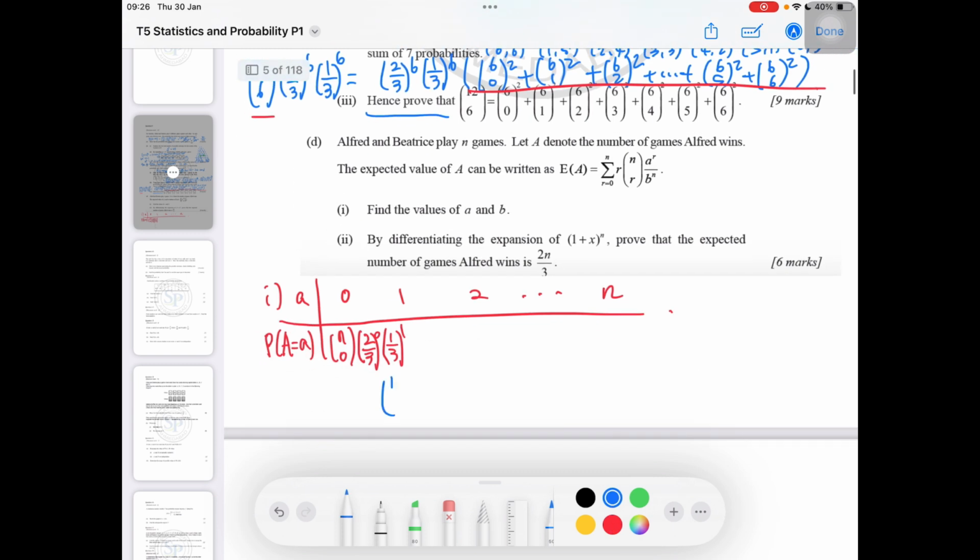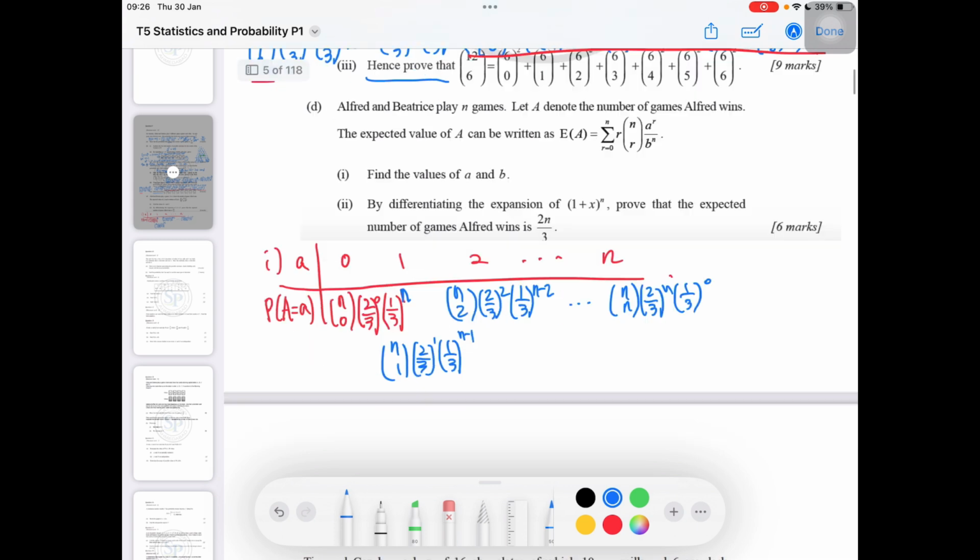And here nC1, 2 over 3 to the power of 1, 1 over 3 to the power of n minus 1. Here nC2, 2 over 3 to the power of 2, 1 over 3 to the power of n minus 2, and so on. nCn, 2 over 3 to the power of n, 1 over 3 to the power of 0.